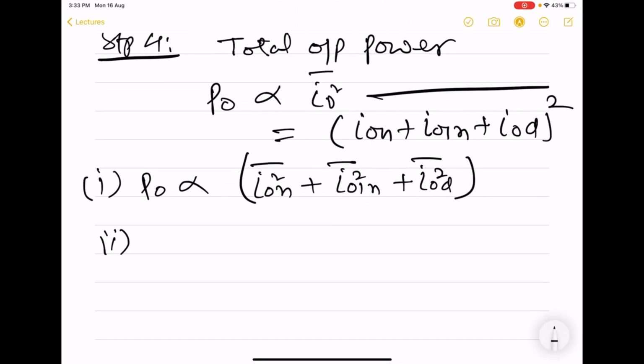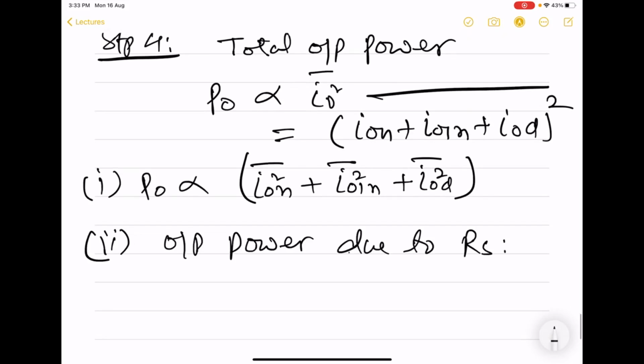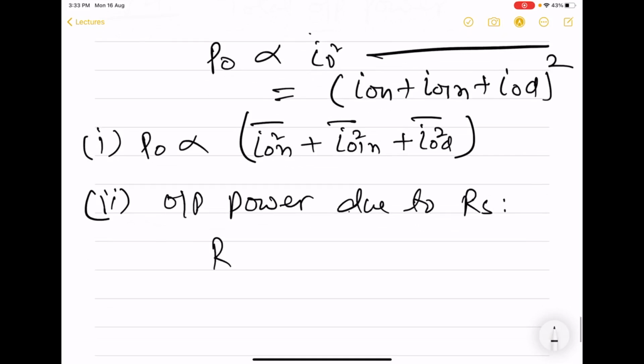And output power due to RS is going to be proportional to IUN mean square. So we now have both the numerator and denominator available to us.